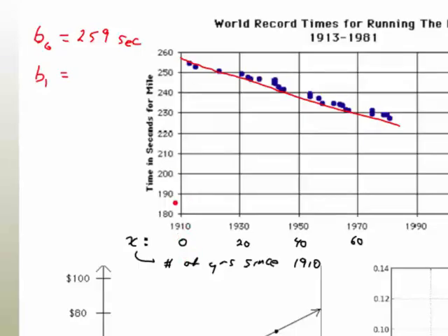In 1910 the world record was, let's say more like 258, when x equals 0. So that's what b naught is. The y-intercept is what you get for your y variable when your x variable is 0, and it's called the y-intercept on the graph.